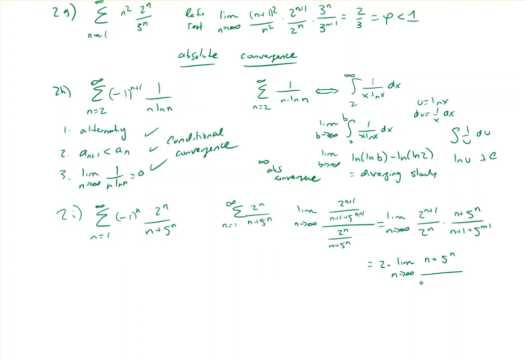And the way that we solved these earlier this year is that when we had all these different terms going on, we divided each term by 5 to the n. We multiplied top and bottom by 1 over 5 to the n.